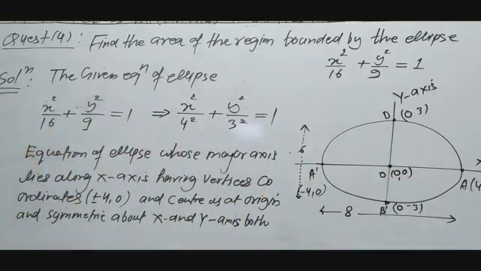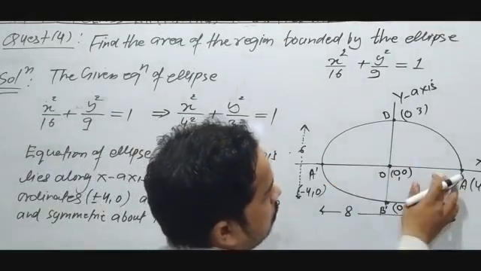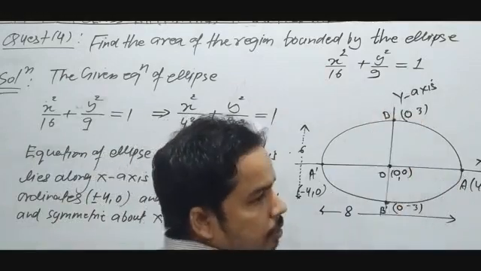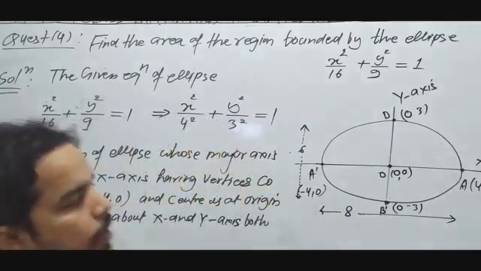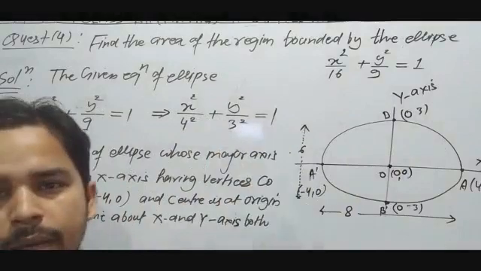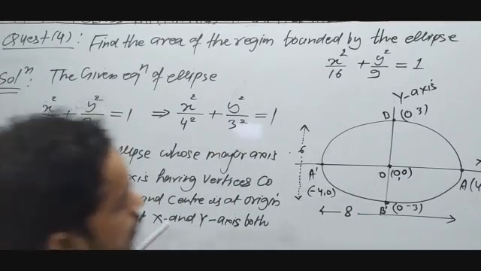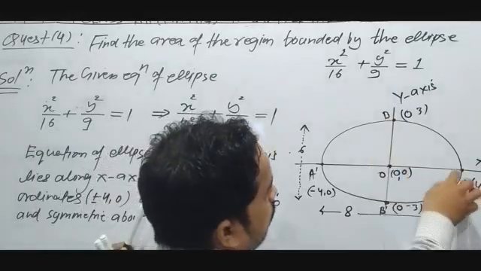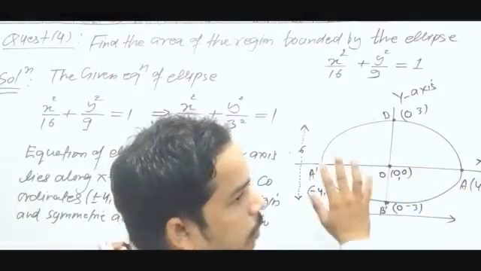How will you calculate? See class, you know this figure is symmetric about x-axis and also y-axis both. So if we calculate single quadrant area and then multiply by 4, the area of the first quadrant multiplied by 4 will be the area bounded by the region, or area of ellipse.